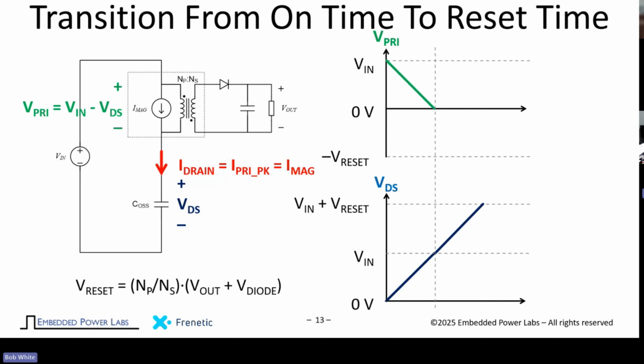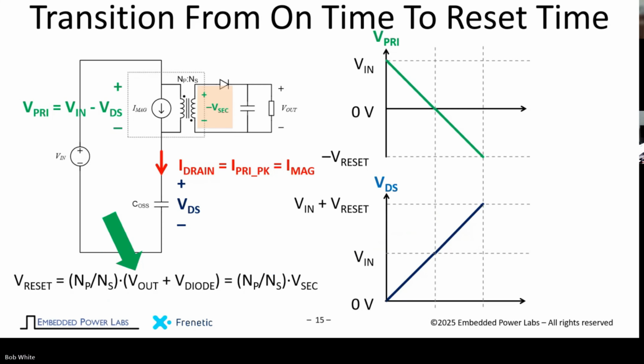It keeps charging, up to the point where the voltage here is equal to the input plus this reflected voltage from the output. The voltage across here is now negative because the drain voltage is higher than the input. By the way, I've defined the polarity. This is negative. And what happens here?